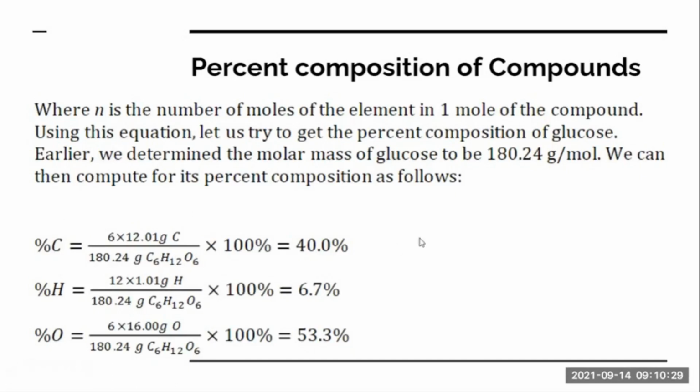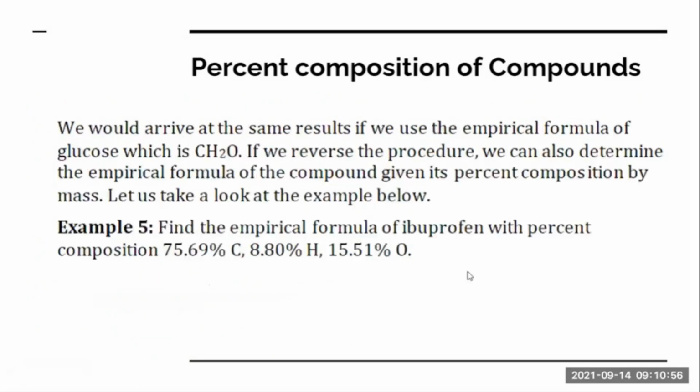So in glucose, the composition is 40% carbon, as we can see, through their molar mass, 6.7% hydrogen, and then 53.3% oxygen. So the heavier the element, it takes up most of the mass of the compound or the molecule. Okay. We would arrive at the same results if we use the empirical formula of glucose, which is CH2O.